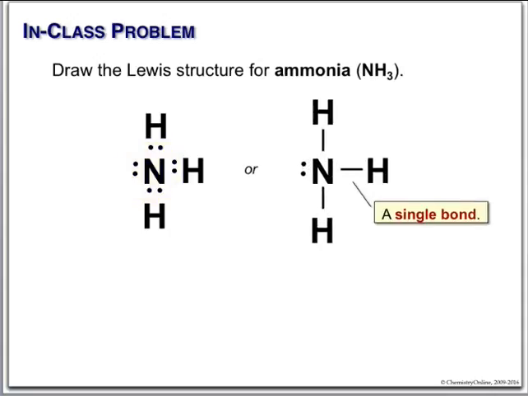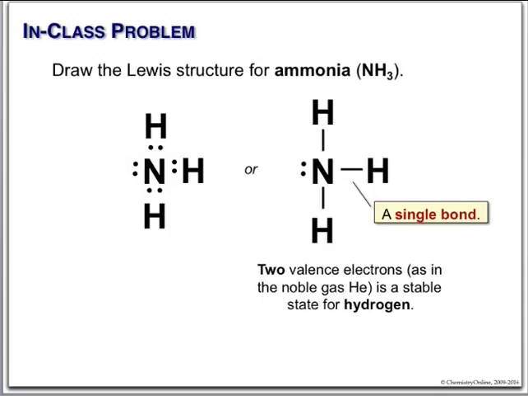If we draw this using our dashes, the way most people would, you would simply put 3 dashes around, and again, you would understand that each of these represents a pair of electrons that are being shared.